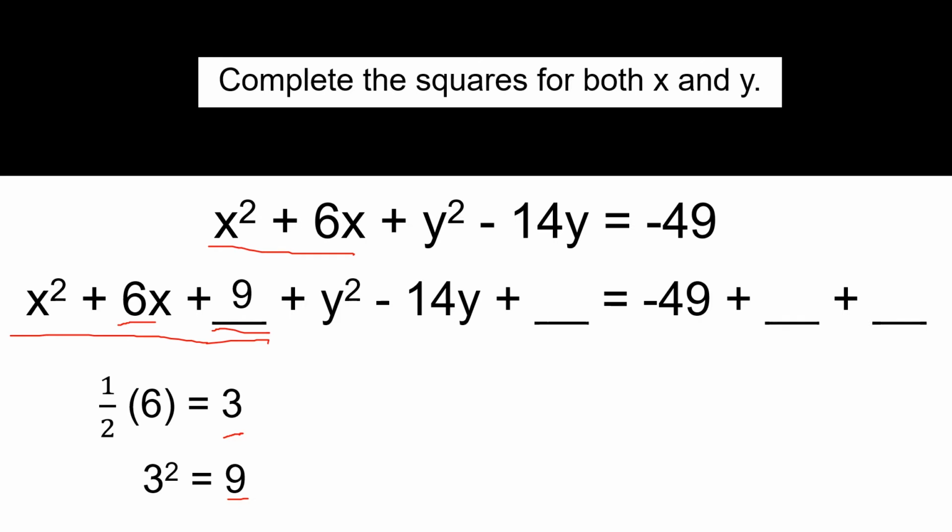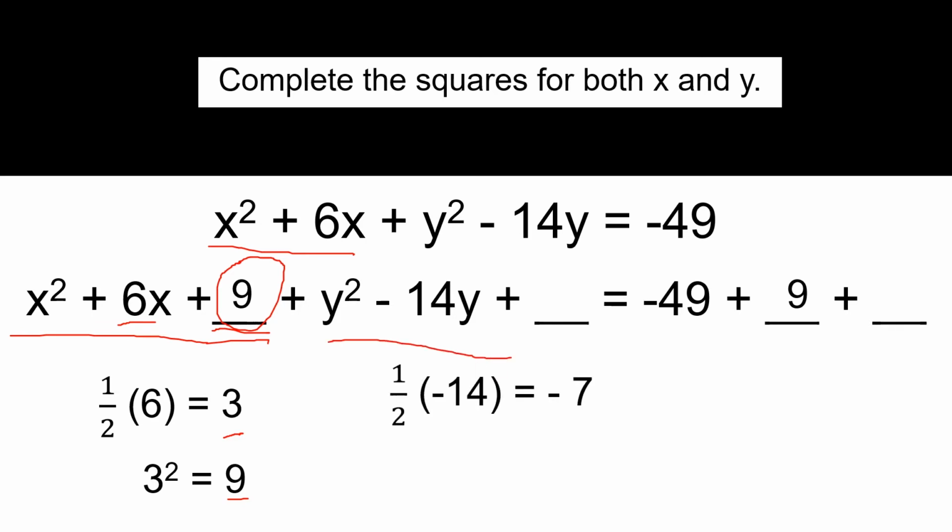And following the addition property of equality, it states na kung ano yung ilalagay natin sa isang side ng equation, yun din yung ilalagay natin sa other side ng equation. So, since nagdagdag tayo ng 9 sa left side, then magdadagdag rin tayo ng another positive 9 sa right side ng equation. Let's move sa y variables.